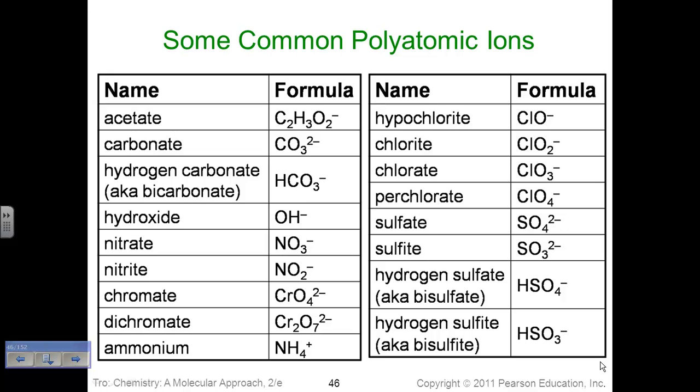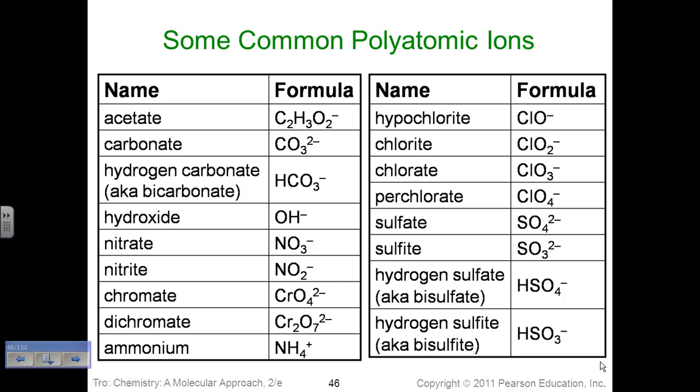Chromate and dichromate, CrO4 carrying a -2, Cr2O7, who also carries a -2, respectively. The one and only one positive polyatomic ion is called ammonium. NH4, it carries a +1 charge.